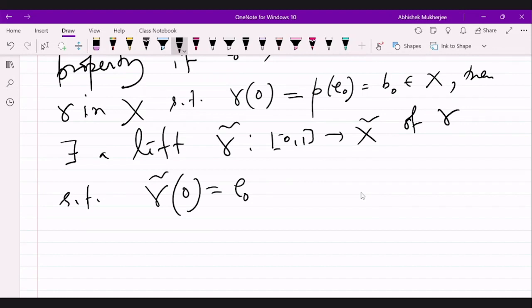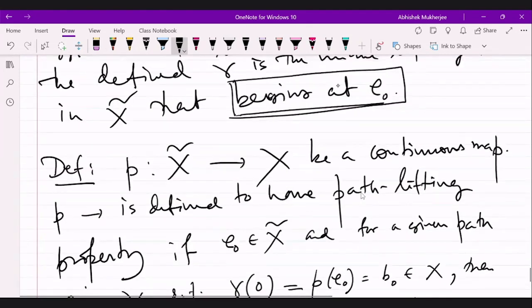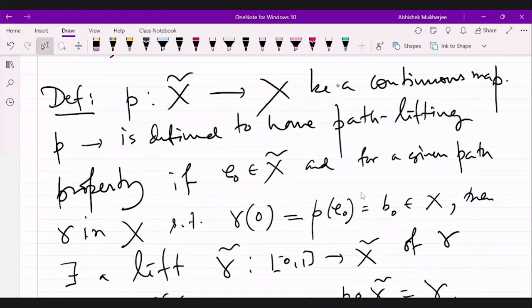That means that lift will start from e naught and the diagram commutes. That means p composed with gamma tilde must be gamma. Then this kind of map will be said to have the path lifting property.